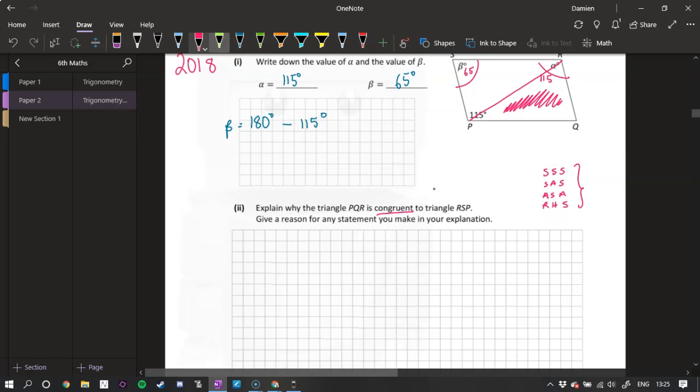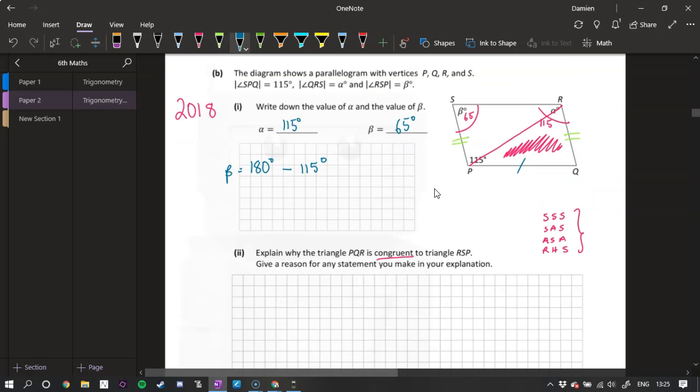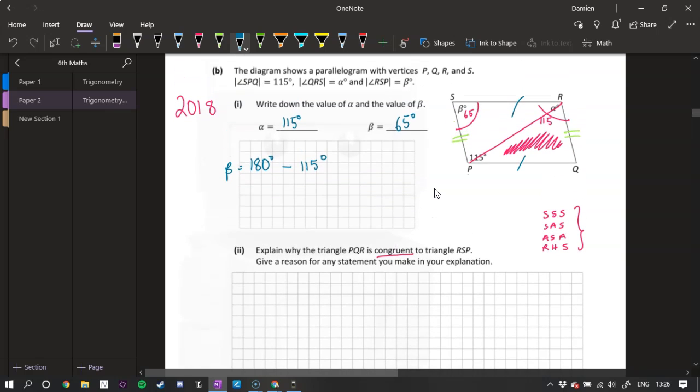You know that this side and this side are the same, and you also know that this side and this side are the same. Using that, you can also look at the shared line. So P to R in the blue triangle is the same as P to R in the pink triangle. So there's your first one that you could use.